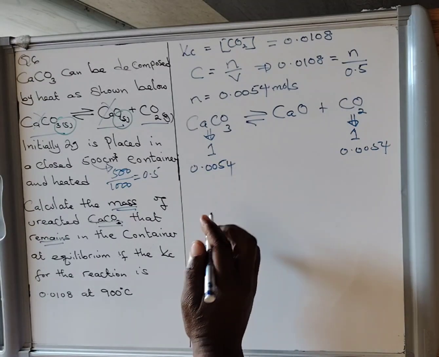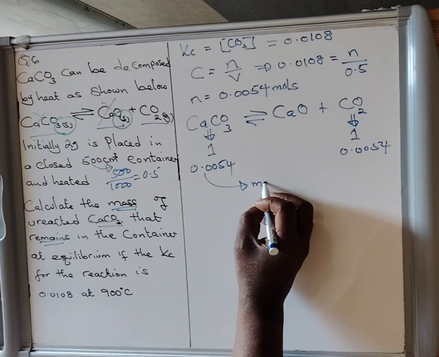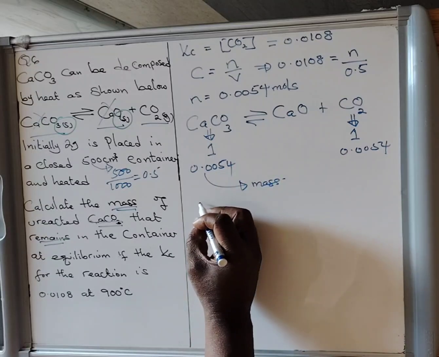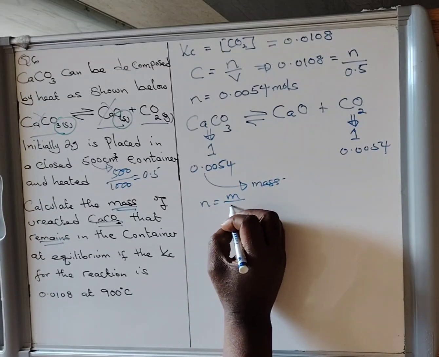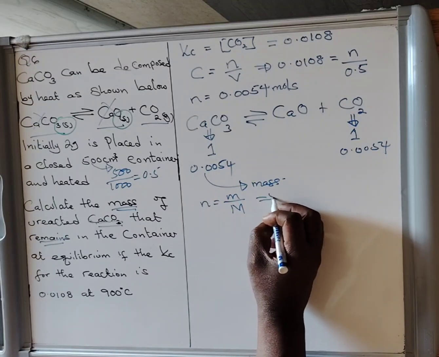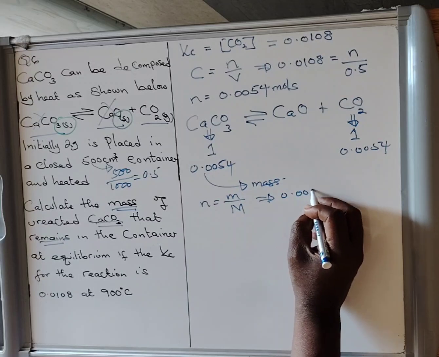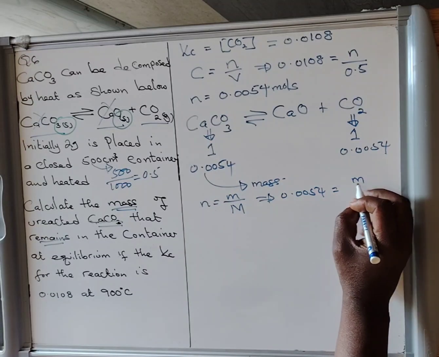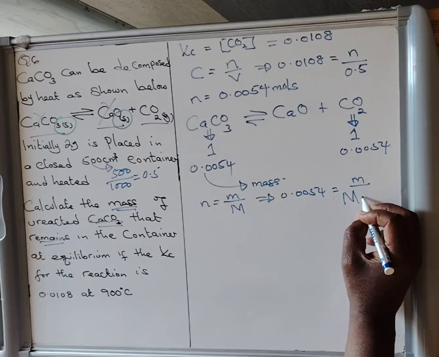And what do we do with this one? It's convertible to mass, using the formula n is equal to m over molar mass. So when you substitute, what are you going to get? 0.0054 is equal to mass over molar mass of calcium carbonate.